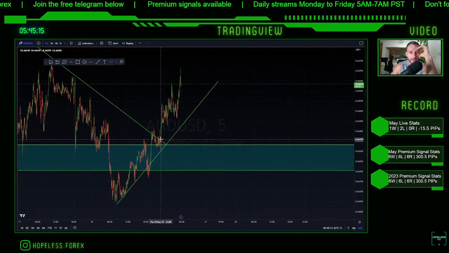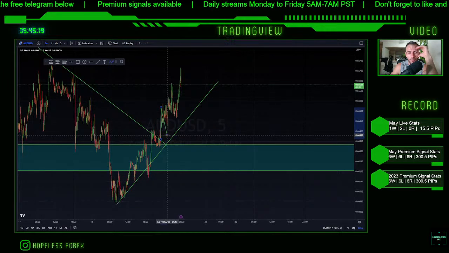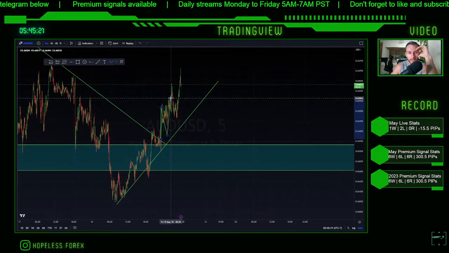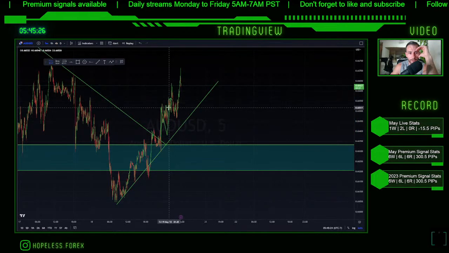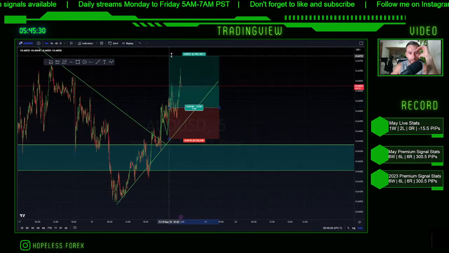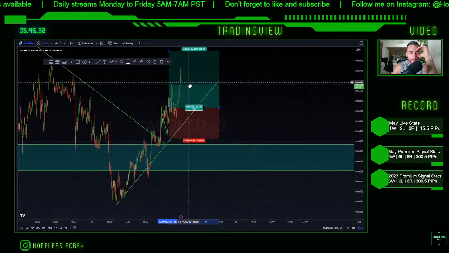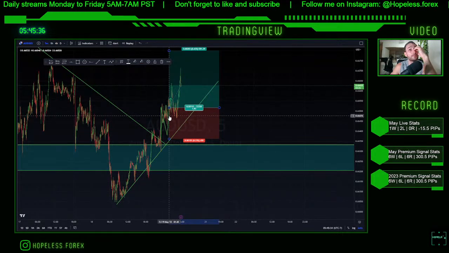What I would have liked to do to get into this sort of trend line break is for price to come up, come back down, and then break out. And on the breakout here could have been a good opportunity for a buy, say like right here, with the stop below these lows and targeting 2R. That's sort of the ideal trend line breakout.